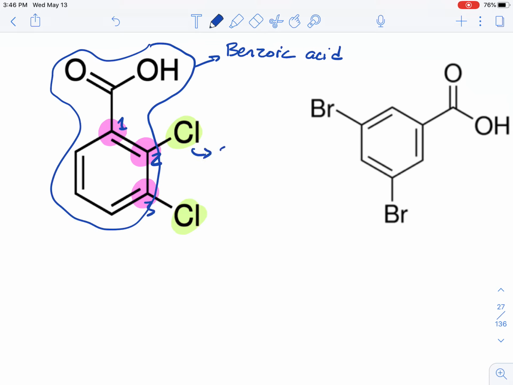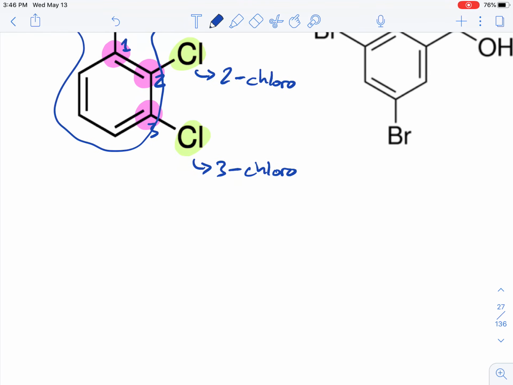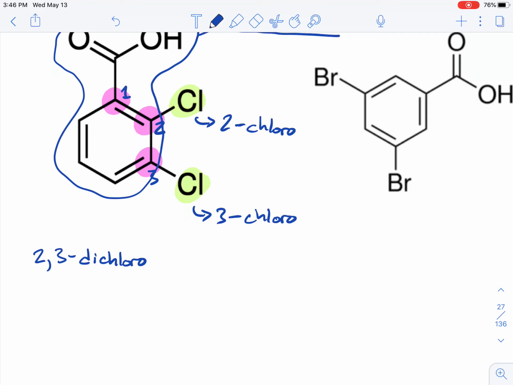So it looks like I have a 2-chloro, a 3-chloro, and since they're both the same substituent, I can combine them together and describe this as 2,3-dichloro. And the name of my parent chain is going to be benzoic acid. So 2,3-dichlorobenzoic acid.